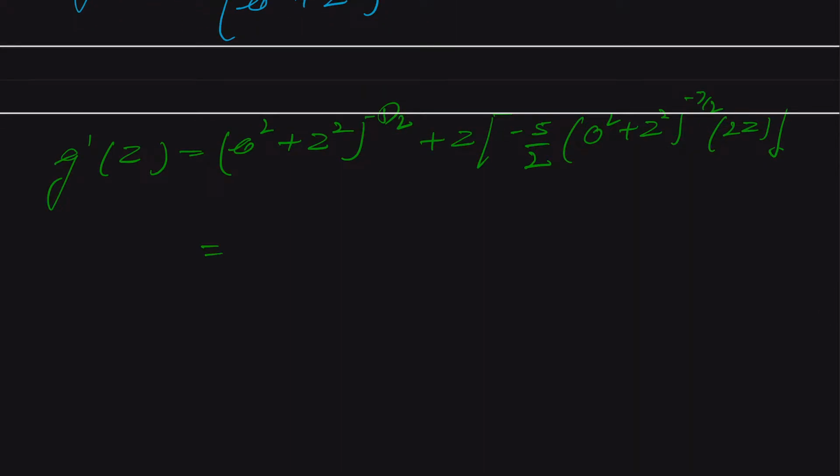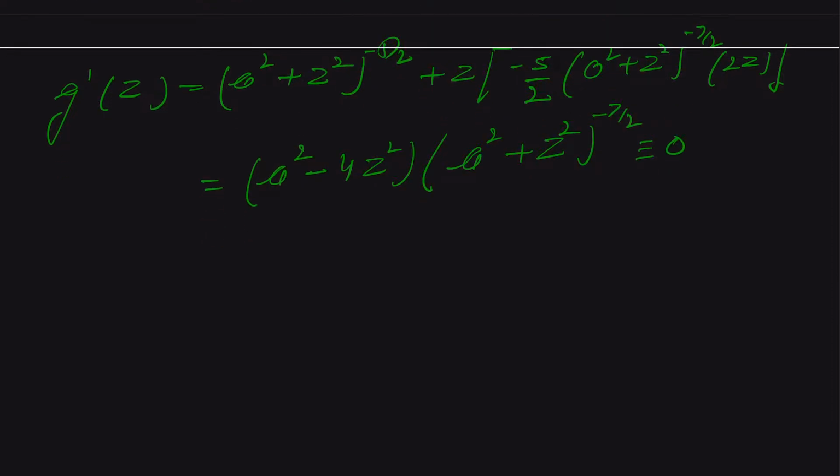This gives us (a² − 4z²)(a² + z²)^(−7/2), and this will be equal to 0 because we have to maximize the magnetic field, that is, set this function equal to 0 to find the value.